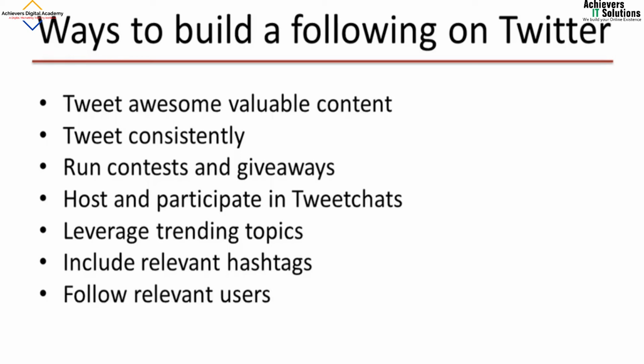Then you can follow relevant users. On Twitter, when you follow about 100 people, on an average about 20 to 30 will follow you back. So when you follow relevant users in your audience, you can expect about 20 to 30 of them to follow you back, and that would grow your following as well, right?